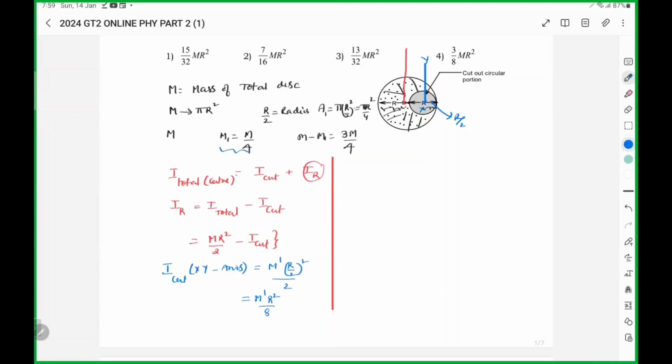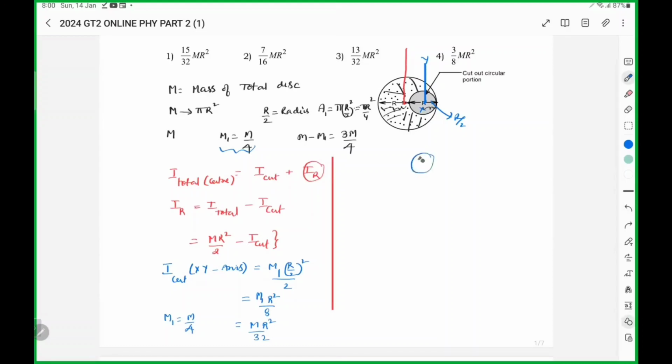That m dash here is m1 for us, so let us not confuse and write the same symbol m1. Here m1 is M by 4, so it is M r square by 32.